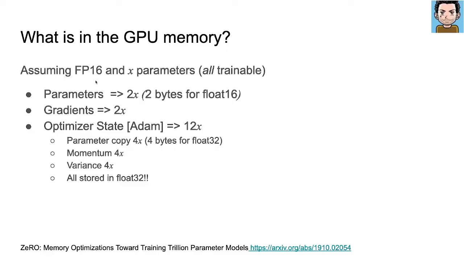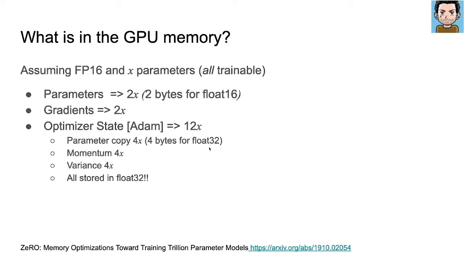Now we have all the needed details to compute what resides inside the GPU memory. For every parameter x, we will need 2 bytes, assuming float 16, to store this parameter, which we are going to use during feed forward. We are going to also need 2 bytes to store the gradient for every parameter. Even when we are training using mixed precision, the optimizer state is always stored in full precision, which is float 32.